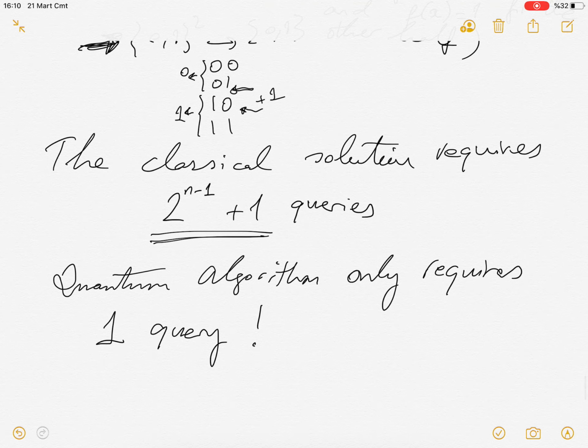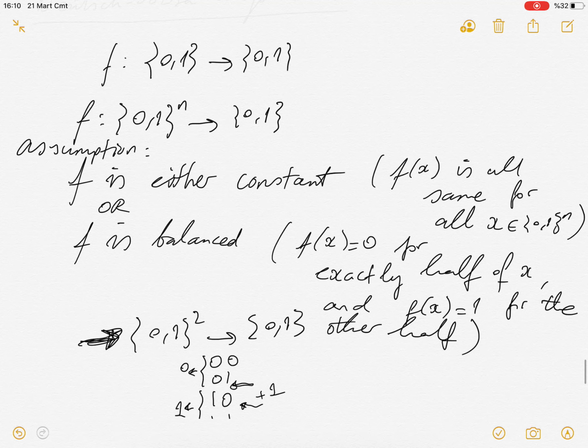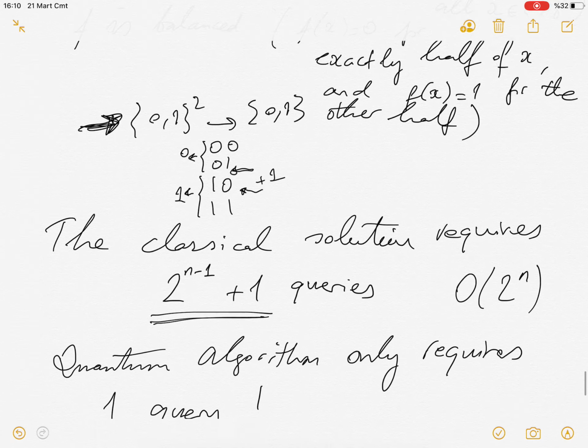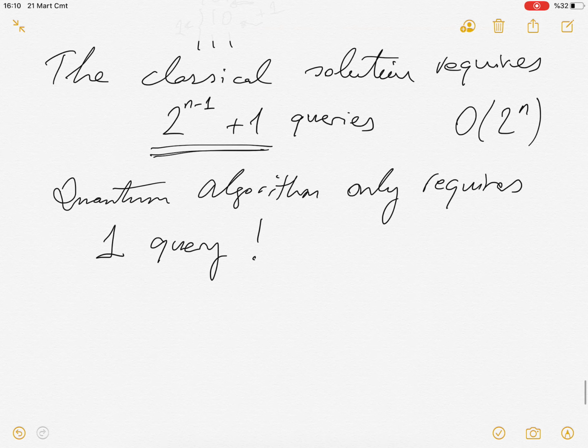So we have an exponential speedup. It requires exponentially many steps for the classical computer to determine whether a given function of this form is constant or balanced, whereas using a quantum algorithm, it takes constant time, big O(1).